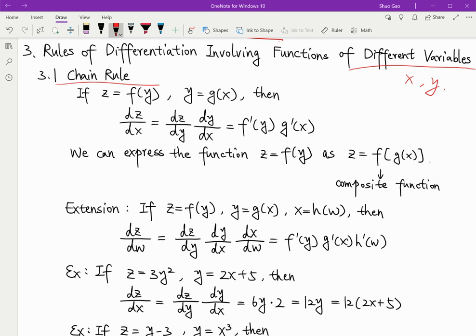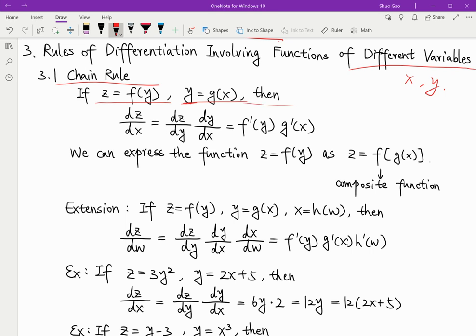For example, if there's a function z equals f of y, that means z is a function of y. But y is also a function of x, so y equals g of x.